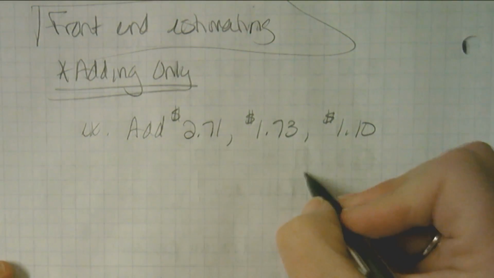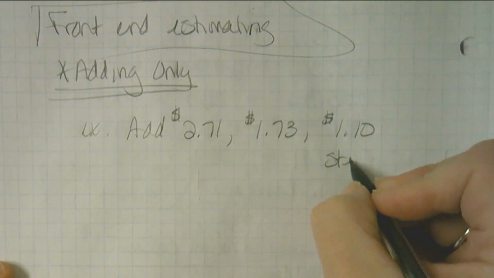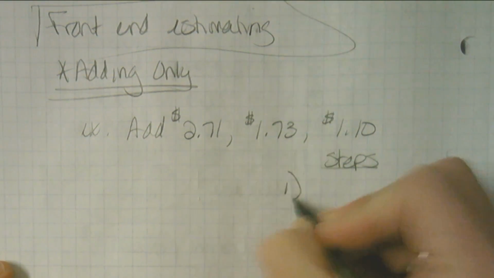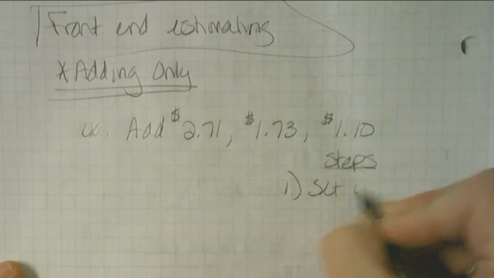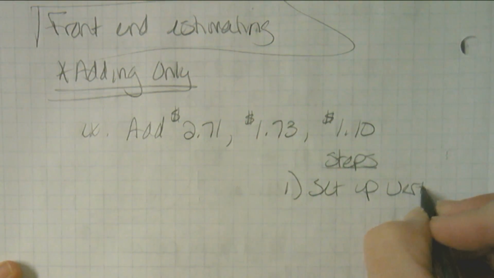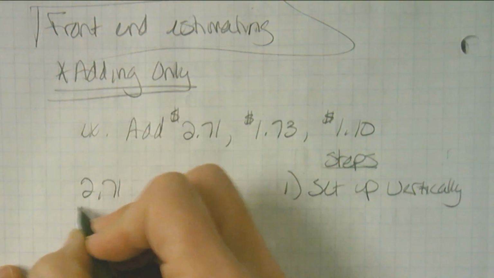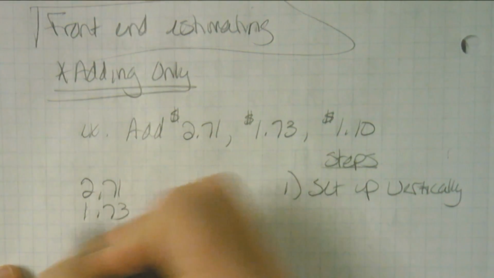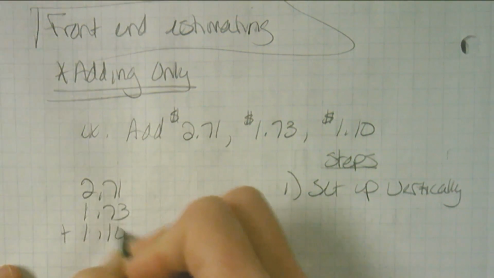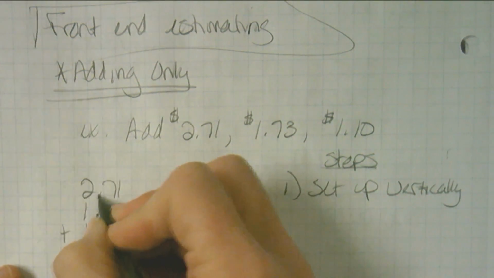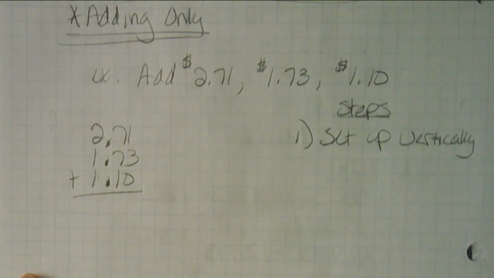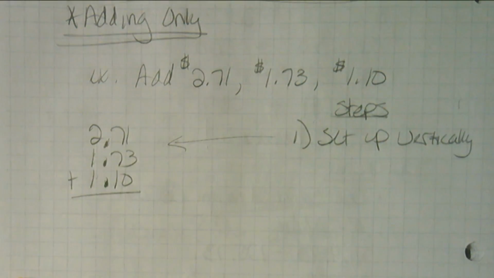First thing you do is set up vertically. So I have 2.71, 1.73 plus 1.10. You can do them all at the same time. So there is step one.